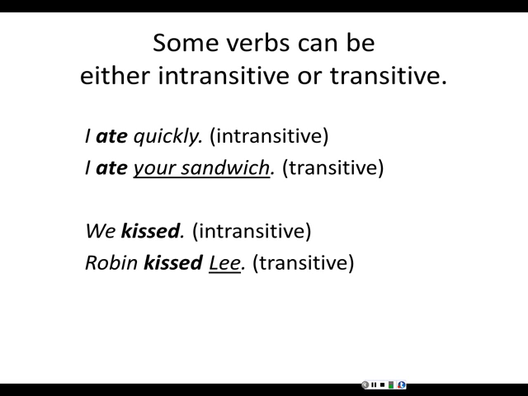Robin kissed Lee, that's transitive. Okay. Now, many English transitive verbs, maybe even most of them, can be intransitive also. Most intransitive verbs can also be transitive, but not always. There are some verbs that are only intransitive, and there are some verbs that are only transitive.